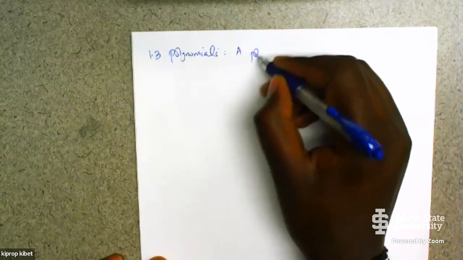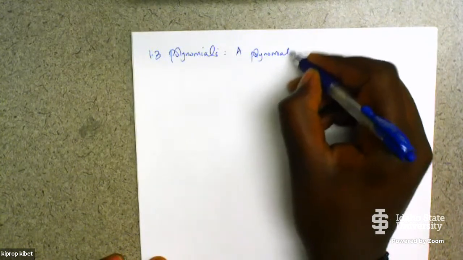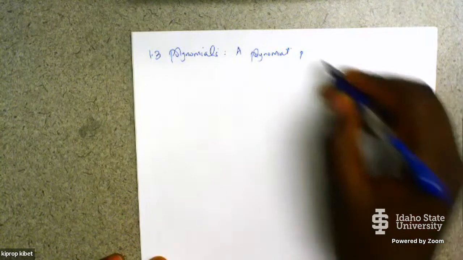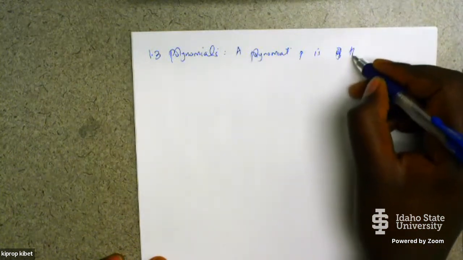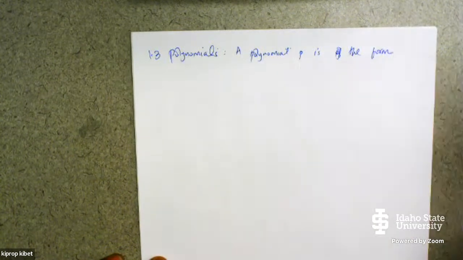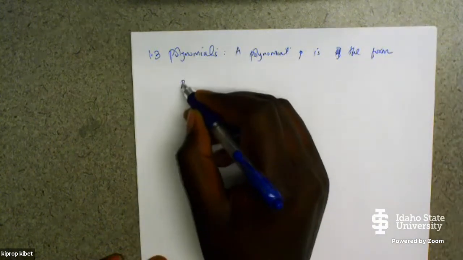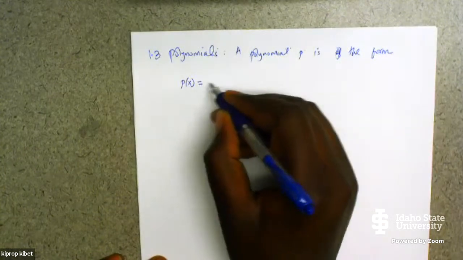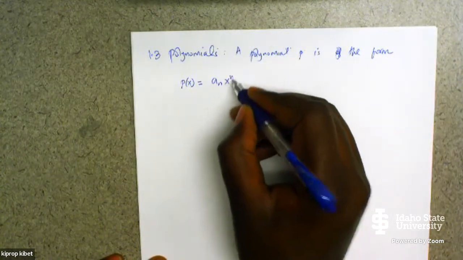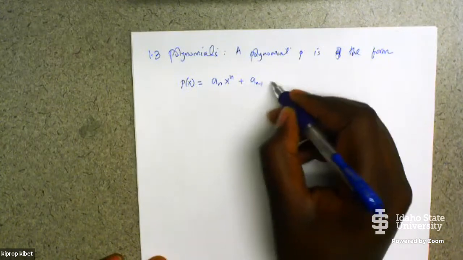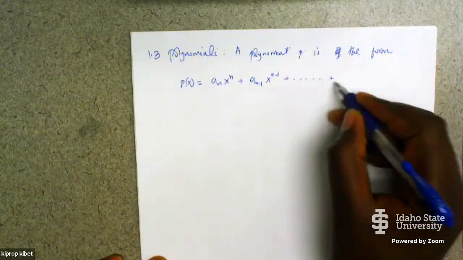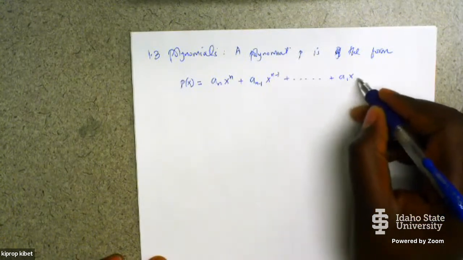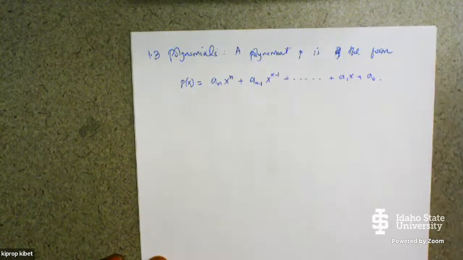So a polynomial, which we can name as a small p, is of the form p of x equals a_n x^n plus a_(n-1) x^(n-1) plus, you can continue like that, plus a_1 x plus a_0.